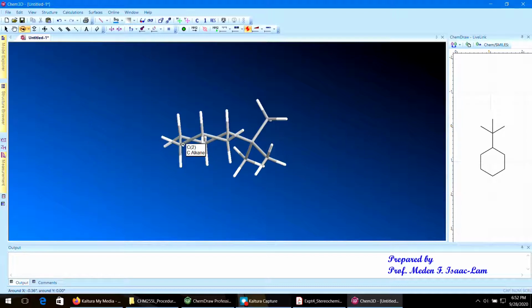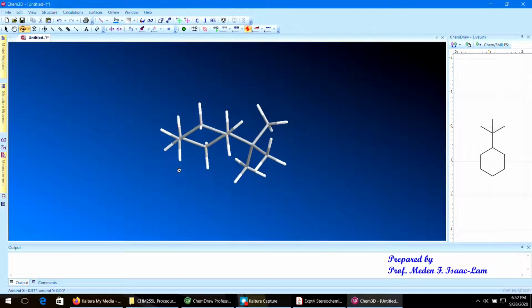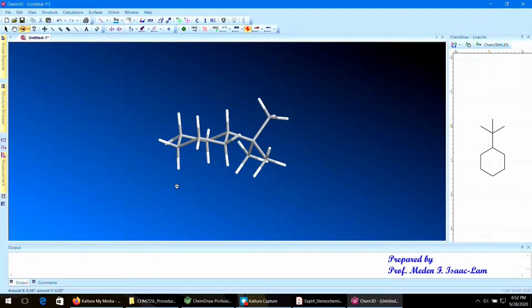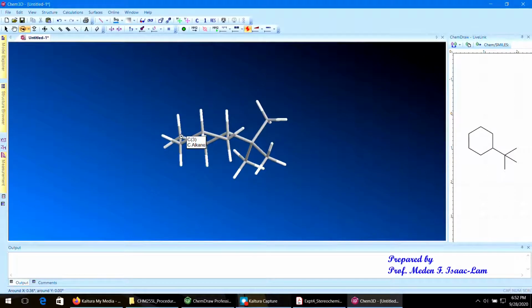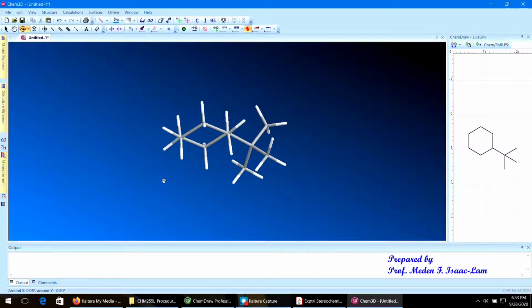So that's a bond angle. A dihedral angle would be 2 planes or 3 lines or 3 bonds. So 3 bonds would be 1, 2, and 3 behind. So in a Newman projection, the back carbon contains the H. You can clearly see that it's about 60.